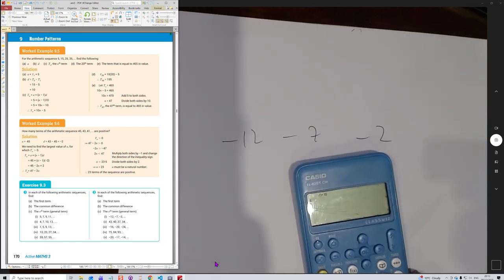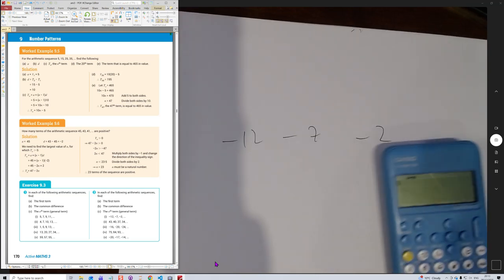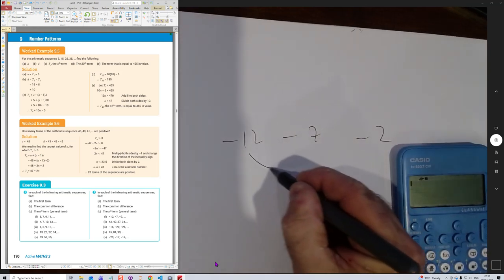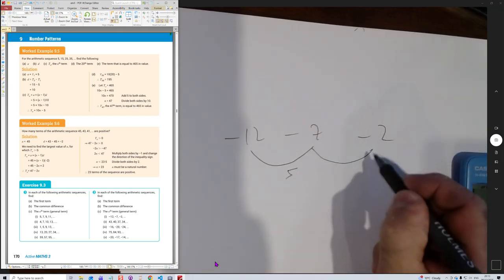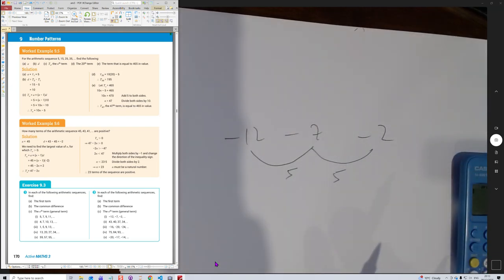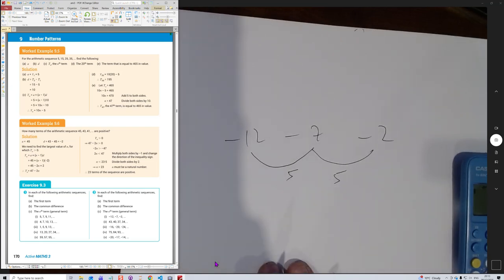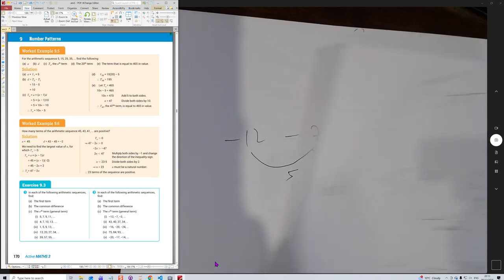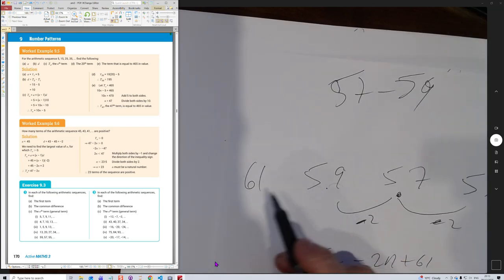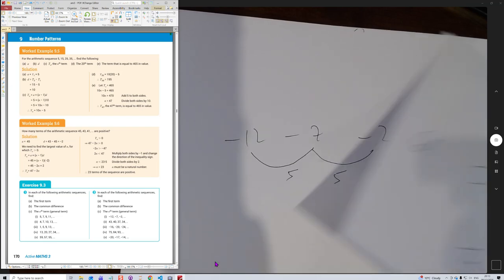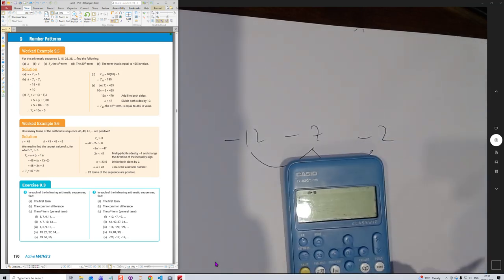Did that wrong. Okay, which is enlightening. So let's look at it. We went up 5. We went up 5. So it is an increasing thing. Let's get my bearings here. 59 subtract 61 is minus 2. Yeah. Oh, I forgot the minus. I should have gone minus 7 minus 12.